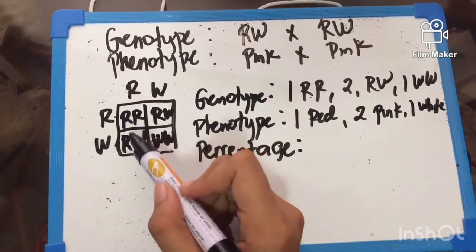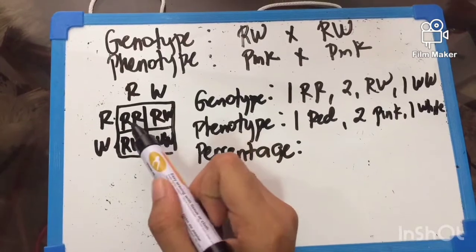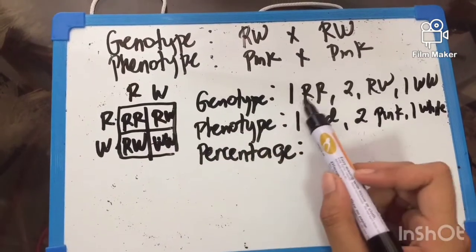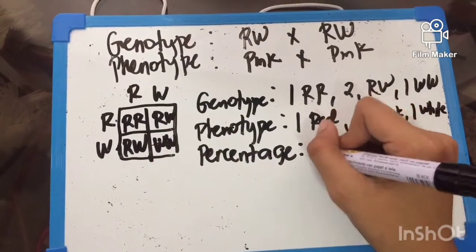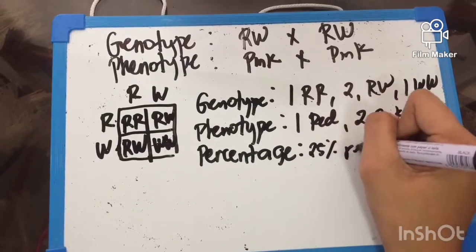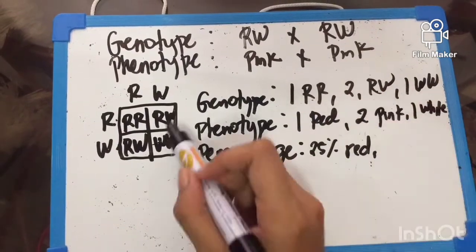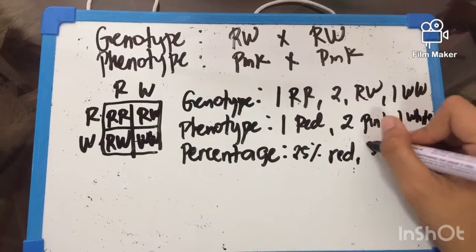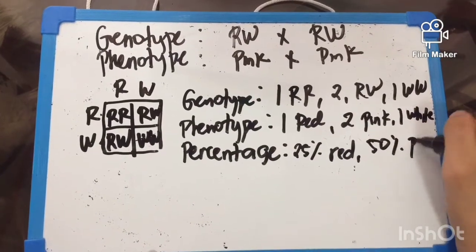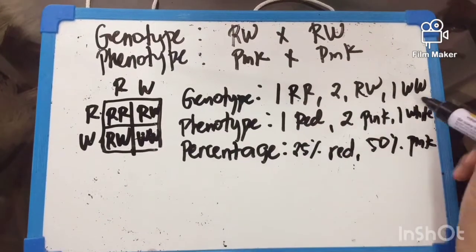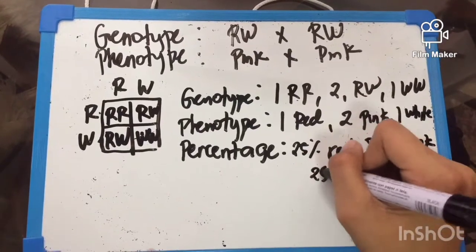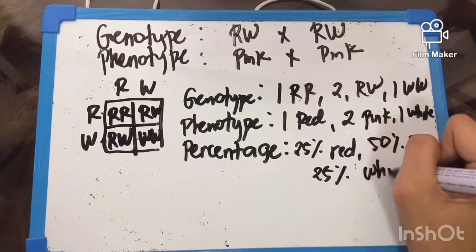Each box is equivalent to 25%. Since there is only one RR, that means 25% red. 2 RW means 50% pink. And 1 white, so 25% white.